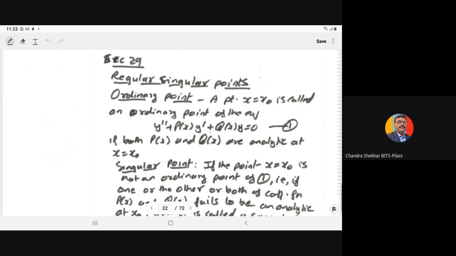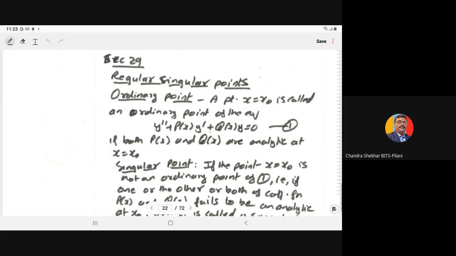A point x, say x naught, is called the ordinary point of the equation y double dash plus px y dash plus qx y is equal to 0 when px and qx are analytic at x is equal to x naught.